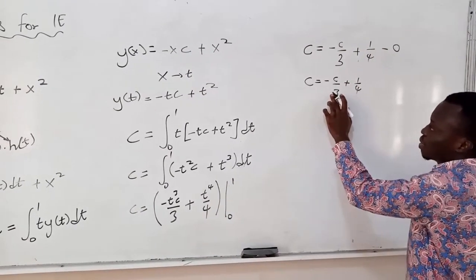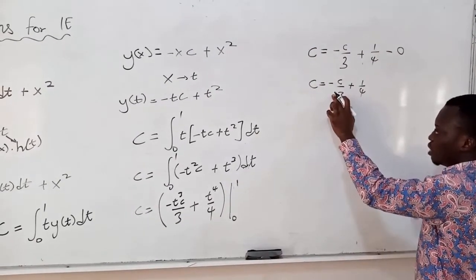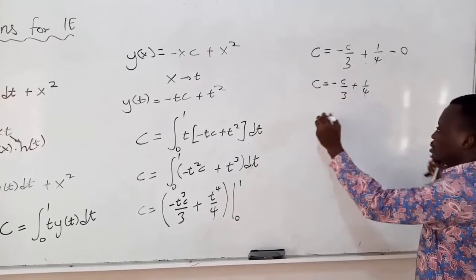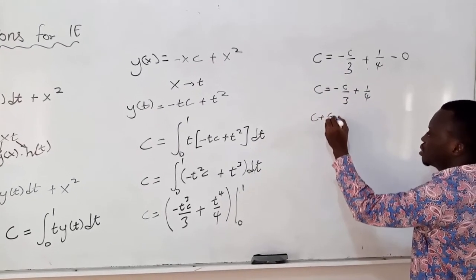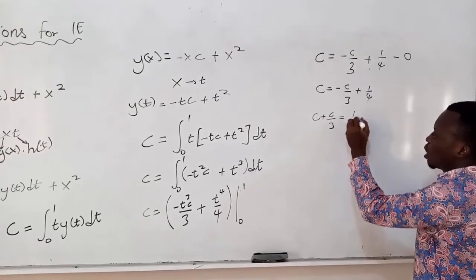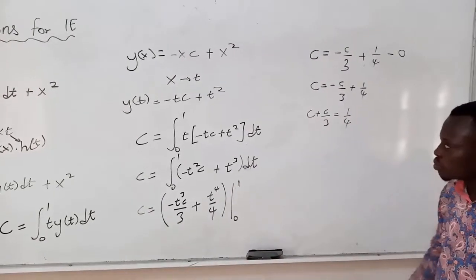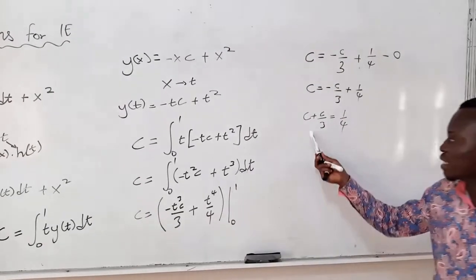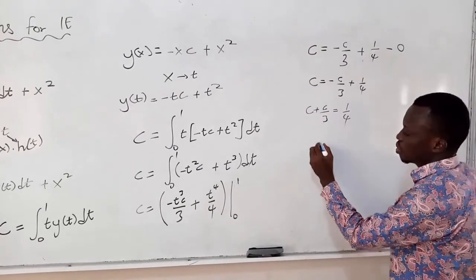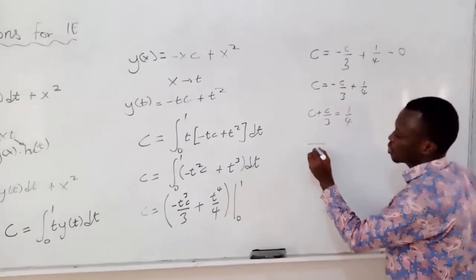Now let's solve for c. Let's send this term to the other side. We get c plus c over 3 equal to 1 over 4. Let's find the LCM for this side. We have 3 here.